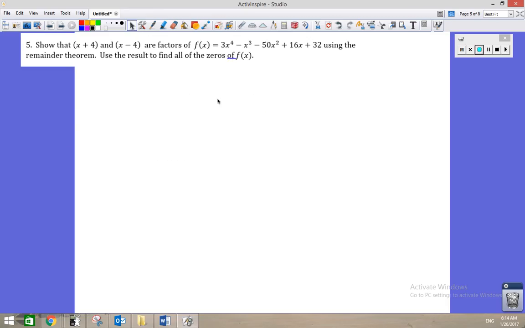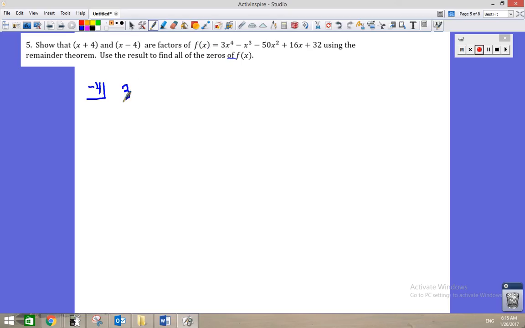So here they're giving me 2 of the factors. So I can use that to factor this completely. If I look here, I see no common factor. 4, 3, 2, 1 constant term. I see it's in standard form. The x-intercept, the 0 of the function for x plus 4 is a negative 4.